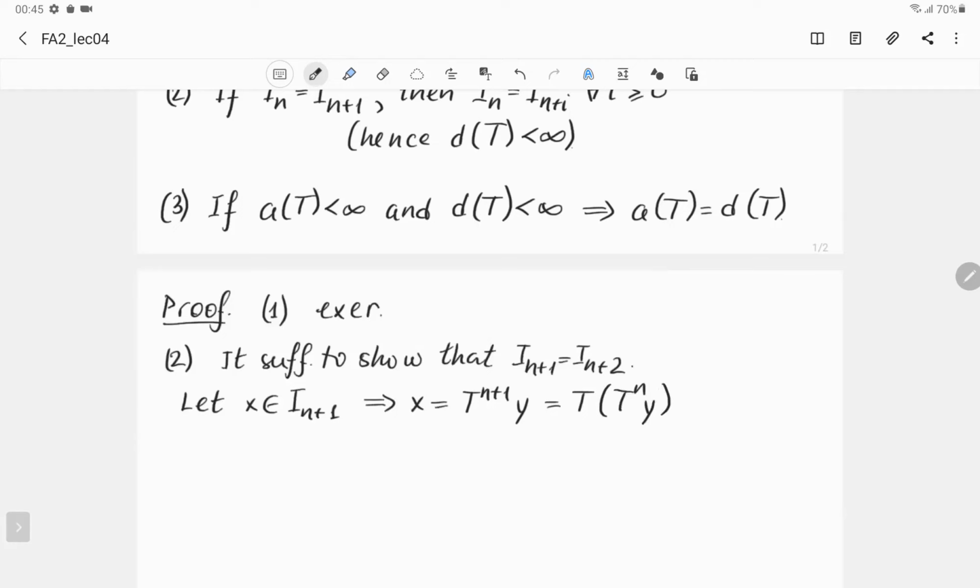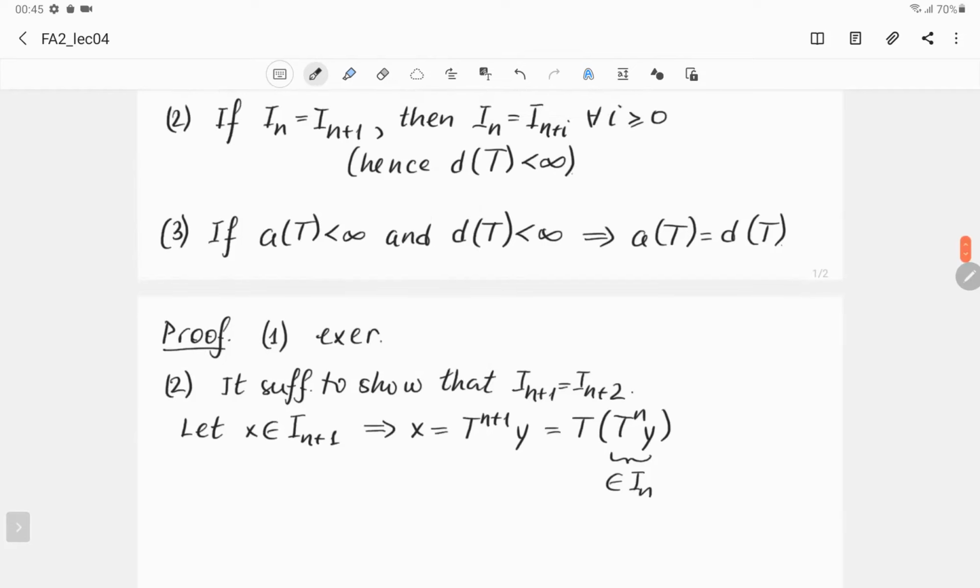So T^n of y sits in R_n, but by assumption, R_n equals R_(n+1). So we can write the element T to the power n of y as T to the power n+1 of z for some element z in our space.